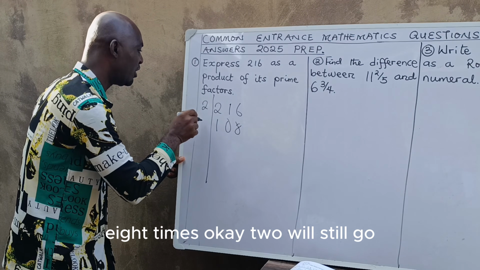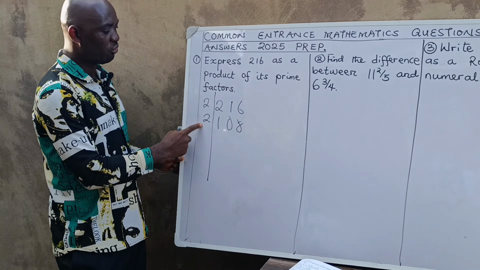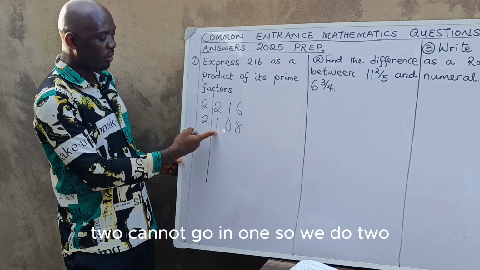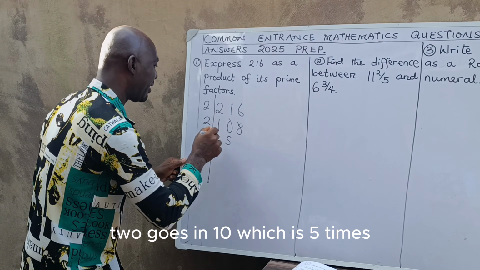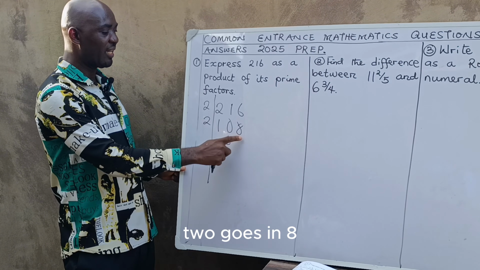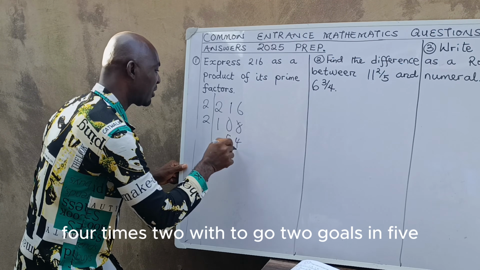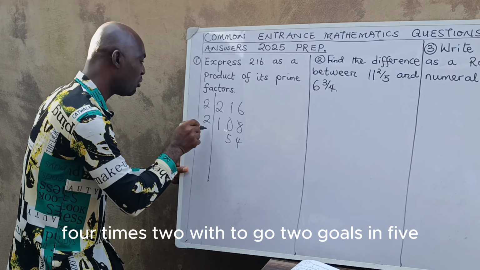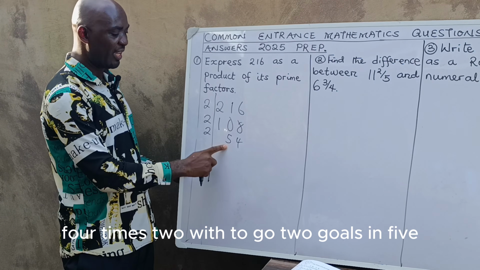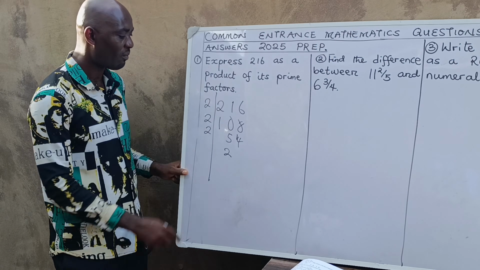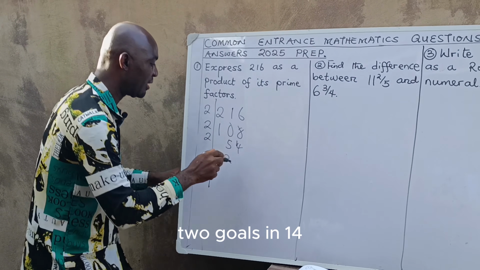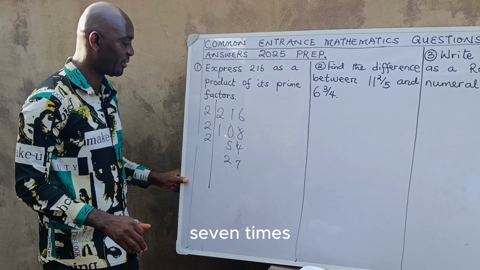Okay, 2 will still go. 2 cannot go in 1, so we'll do 2 goes in 10, which is 5 times. 2 goes in 8 4 times. 2 will still go. 2 goes in 5 2 times, remainder 1. 2 goes in 14 7 times.